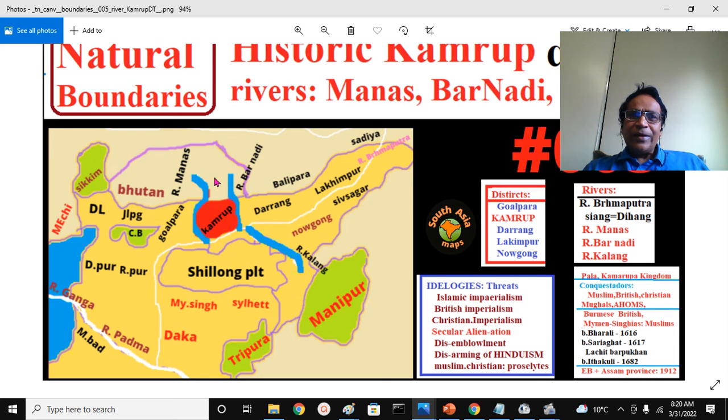Manas is on the western side of the Kamrup district, and BarNadi on the east side of Kamrup district, and these are all tributaries of the Brahmaputra river. And on the south side, the Kalang river joins here near this Gauhati region. The district also overflows south of the Brahmaputra region and touches the outliers of the Shillong Plateau or Meghalaya Plateau.